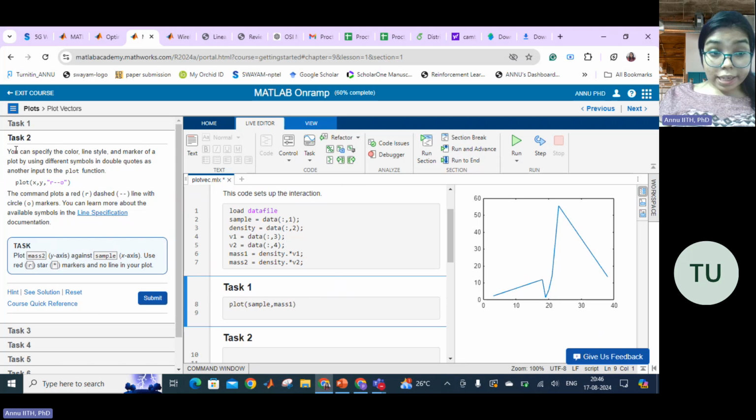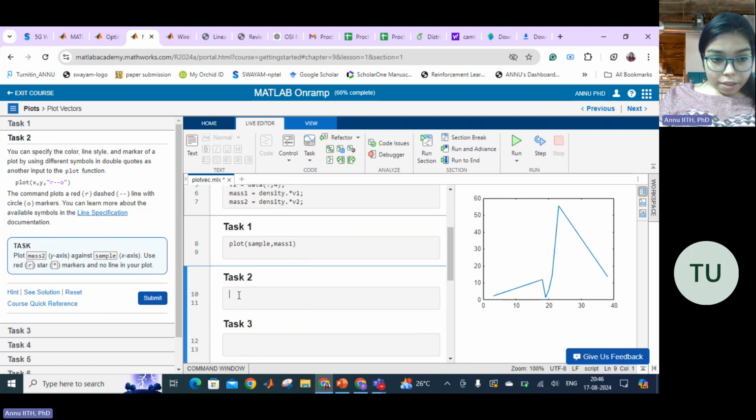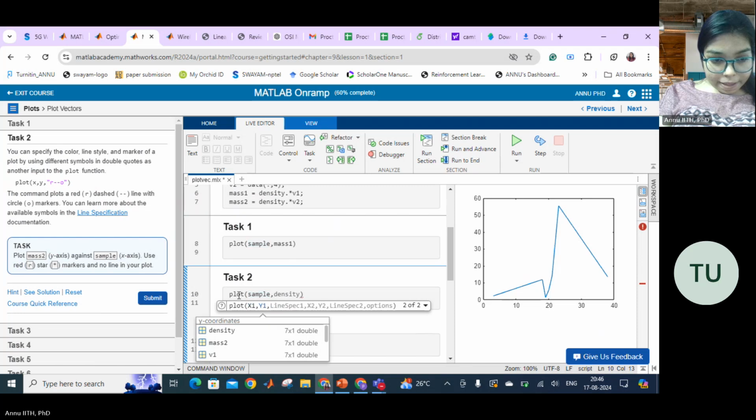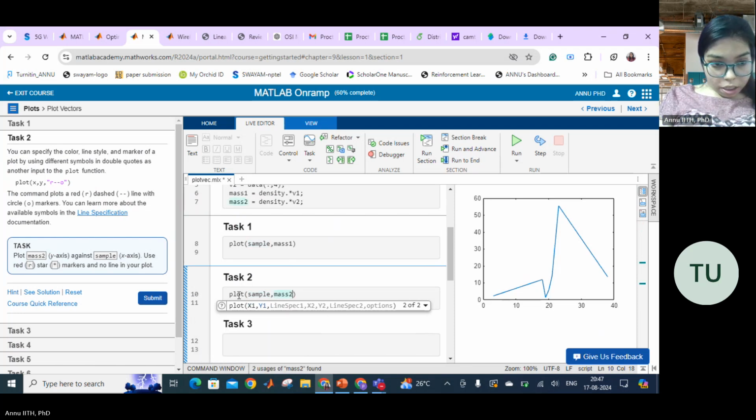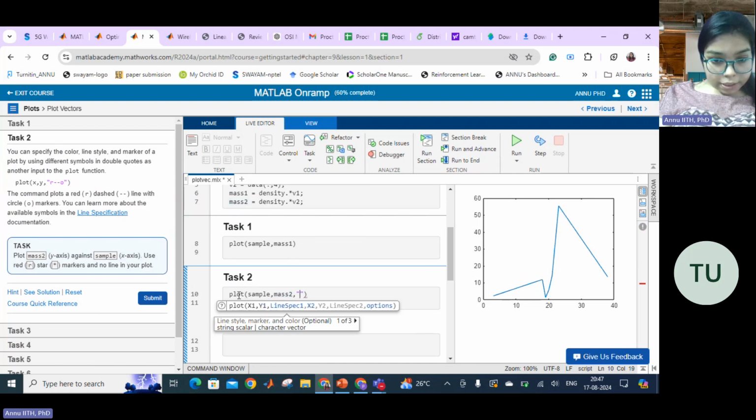You can specify the color and marker of the plot by using different symbols in double quotes, and another input also you can have. The task is to plot samples and mass 2, with double quotes, using R star.